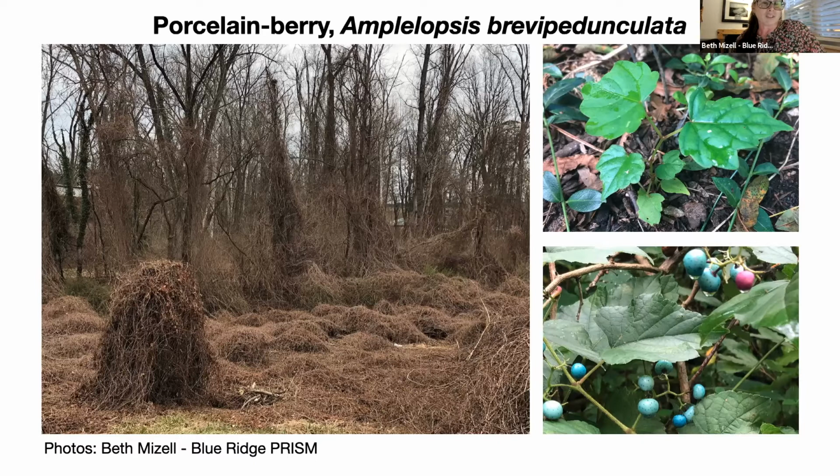The berries grow downward. Porcelainberry is not really common out in the county or surrounding areas, but it will be because the birds do eat it and move it around readily. But again, pretty bad in Charlottesville.